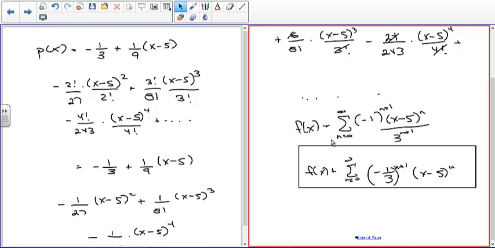You can see here's 3 to the n plus 1. That was the term that I was just mentioning. You've got to have an alternating sign term, which is the negative 1 to the n plus 1, because you can see how the sign alternates. So you always have to have a negative 1 raised to some power. And to get it to work out right, you raise it to the n plus 1 power instead of to the n. And then you've got this term, which is just x minus 5 to the n power.